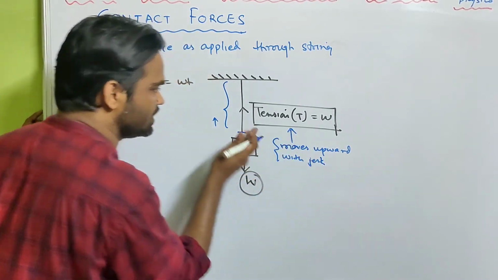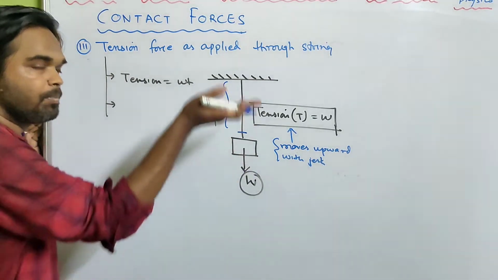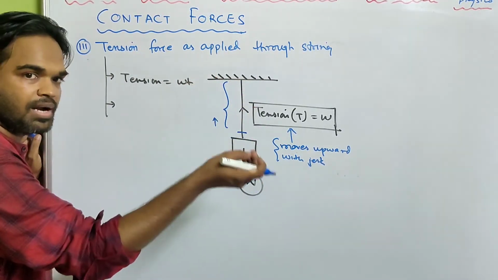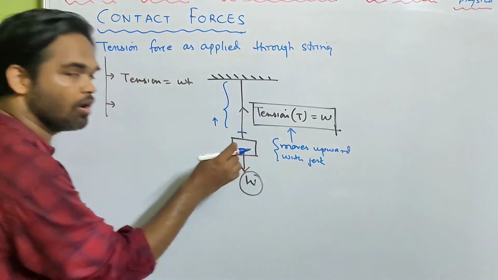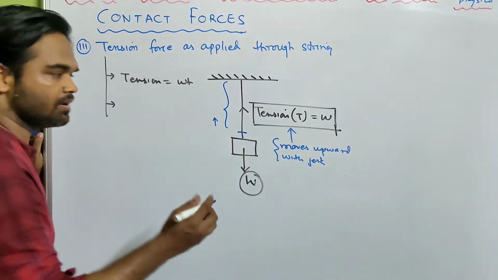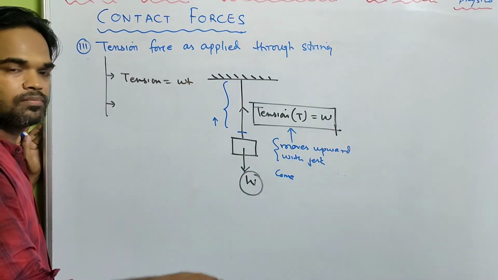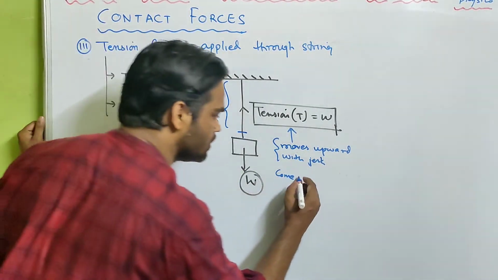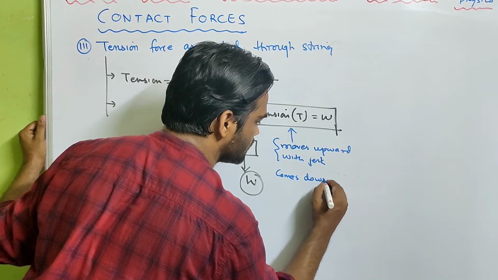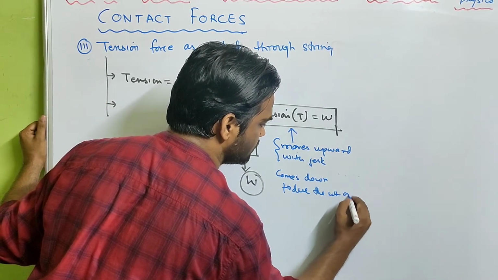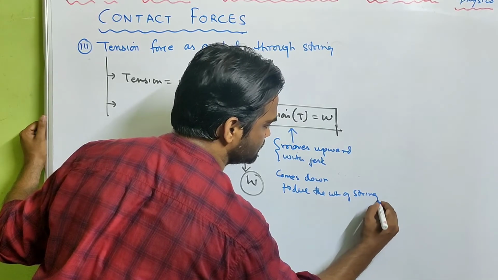Because of the tension. This tension pulls the string upward. But later you see that it falls down. It comes down due to the gravitational pull, due to the weight of the string. Am I clear?